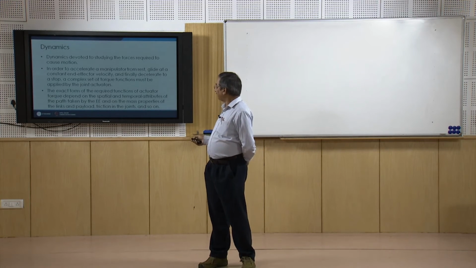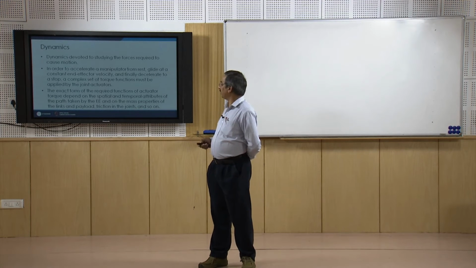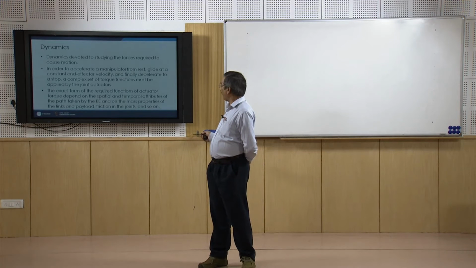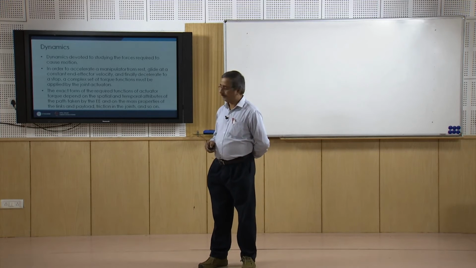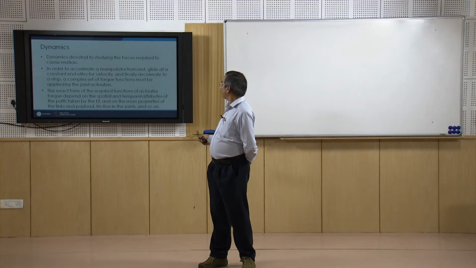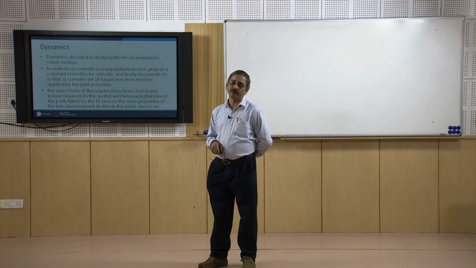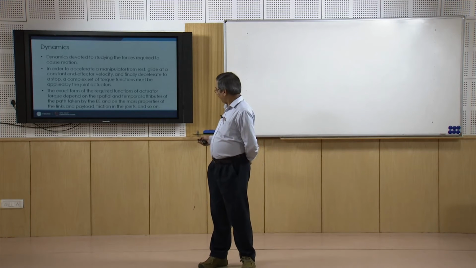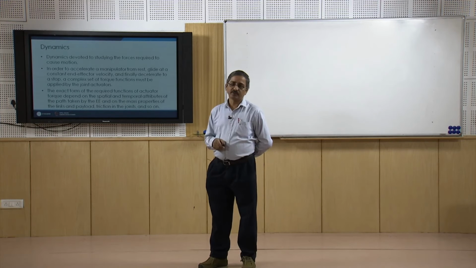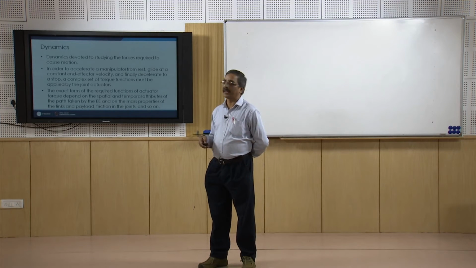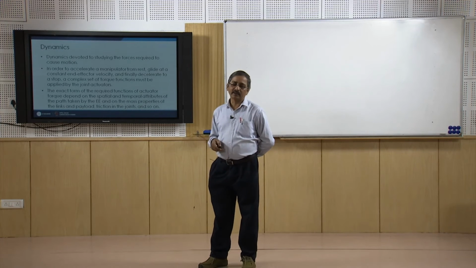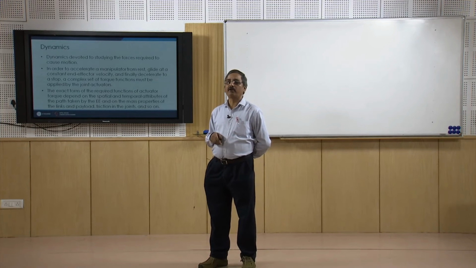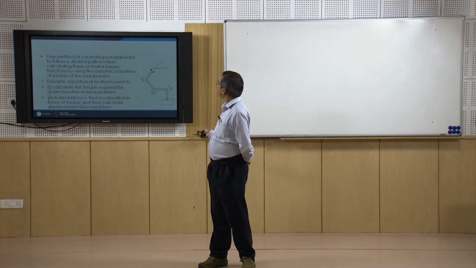The exact form of this required function of actuator torque depends on the spatial and temporal attributes of the path taken by the end effector as well as the mass properties of the links and the payloads, friction in the joints and so on. So, so many things affect the dynamics of the manipulator or the exact torque requirement of the manipulator.